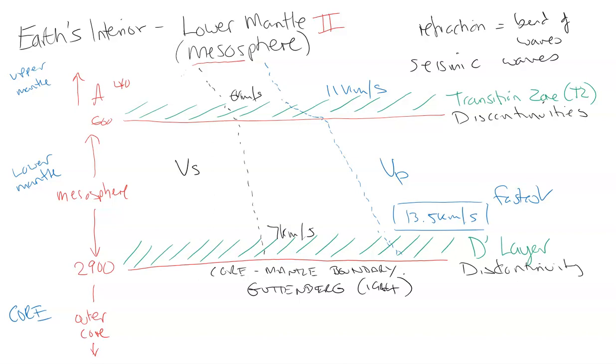Let's take the primary first. At the Core-Mantle boundary at this depth, he found that this blue dashed line, which shows the velocity of the primary wave, the P wave, drops back by about 40%. So it gets slower by over 40%, and then continues into the outer core at about 8 kilometers per second.